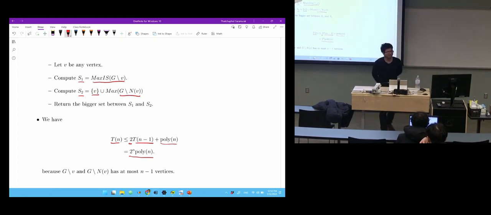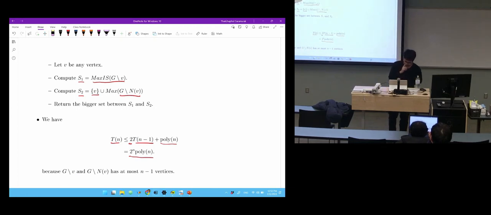But you can be unlucky, like V can have no neighbor at all. Like V can just have degree 0. And if that is the case, then both of the graphs have the same number of nodes, which is n minus 1. The question is, suppose you pick a vertex V and V has degree 0. What should you do about it?